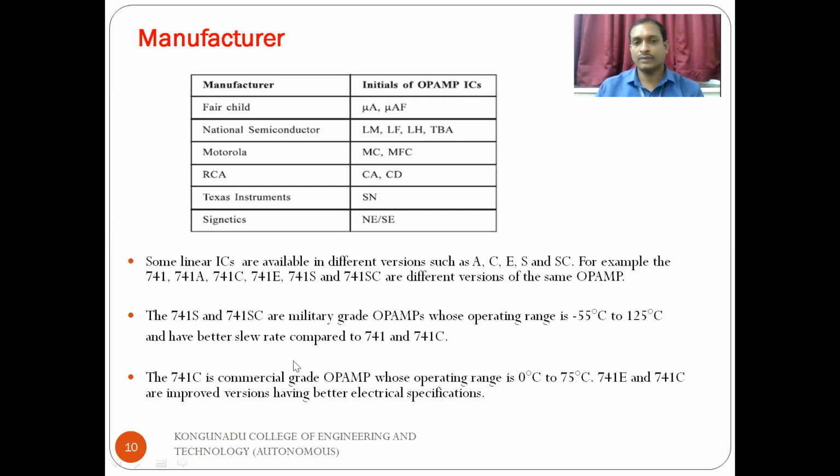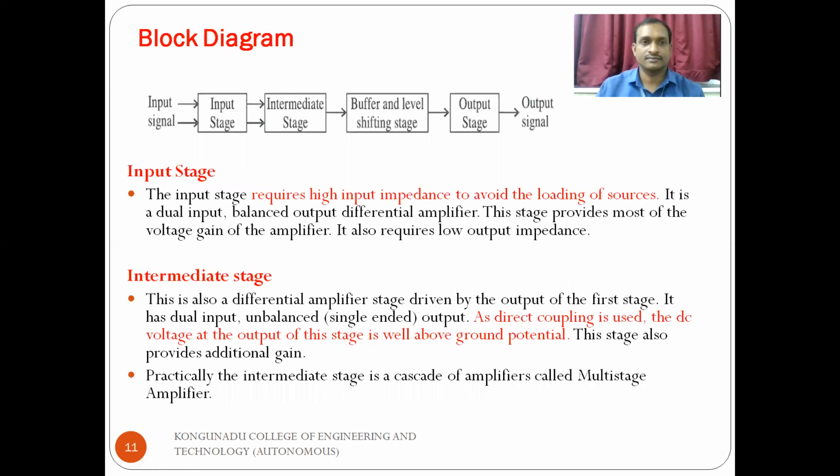IC741C is a commercial grade op-amp whose operating range is 0 to 75 degrees Celsius. 741E and 741A are improved versions of IC741 having better electrical specifications. So these are the different versions under the IC741 family.